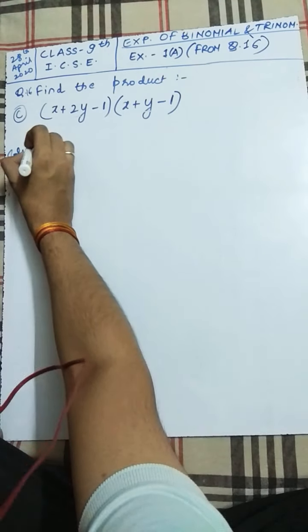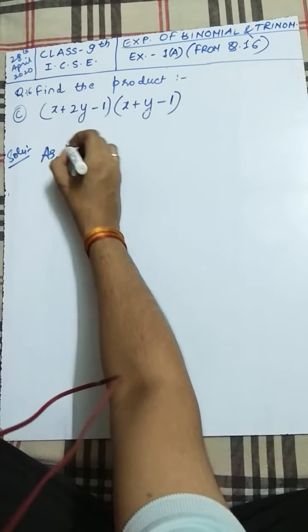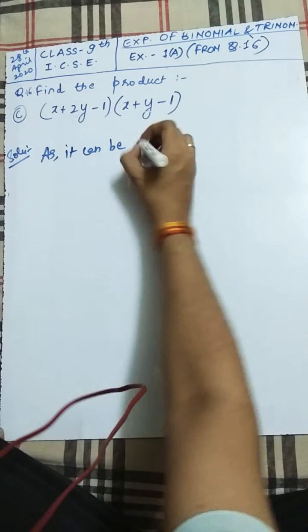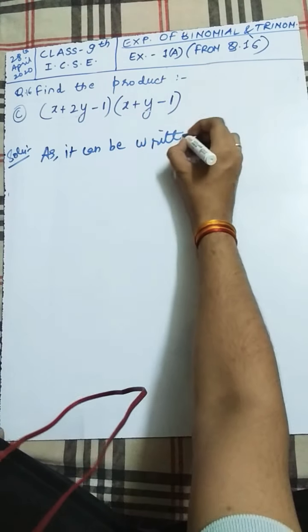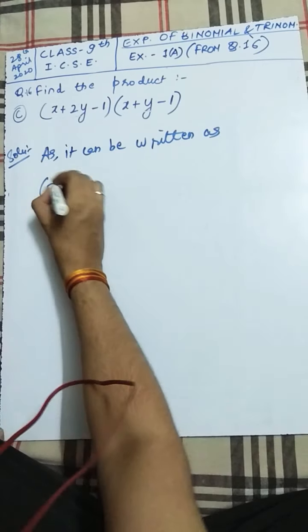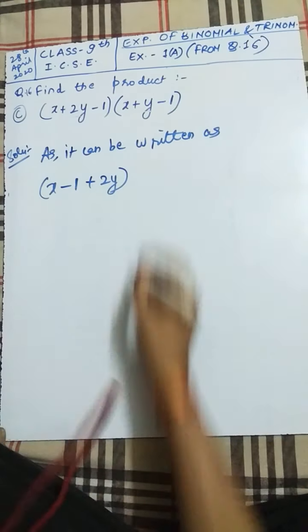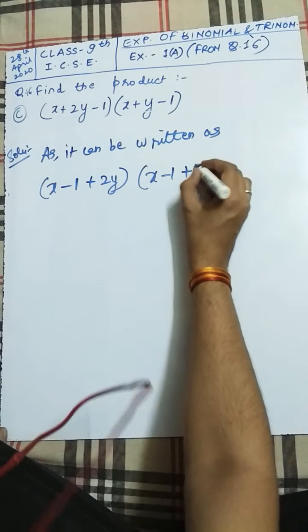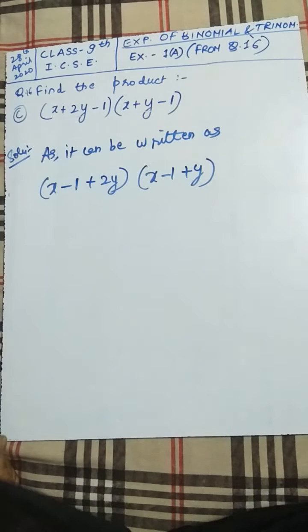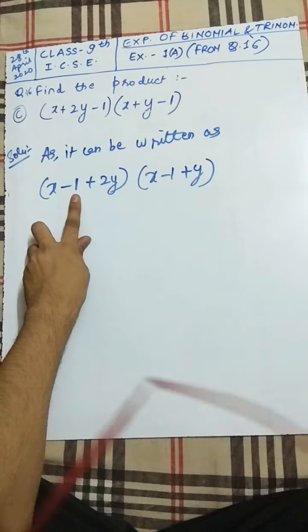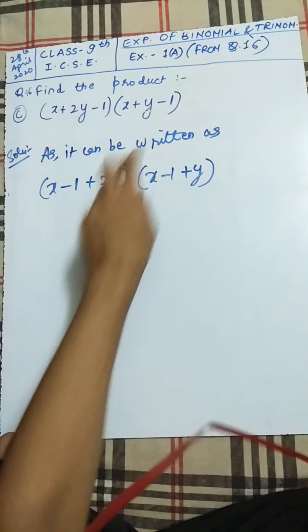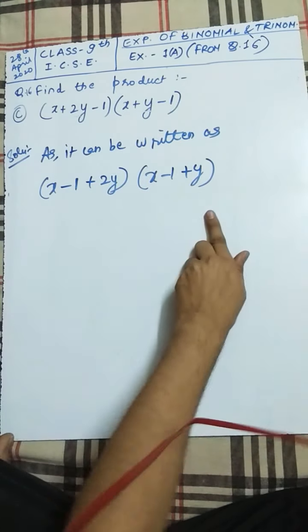So it can be written as x minus 1 plus 2y and x minus 1 plus y. See what I have done: I have arranged this x minus 1 here plus 2y, and this x minus 1 here plus y.